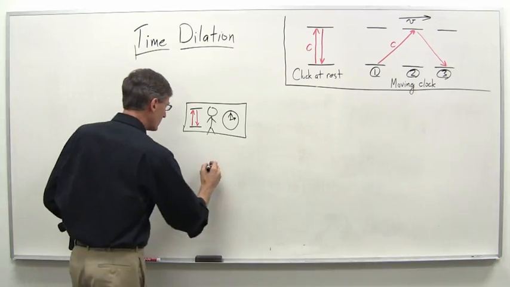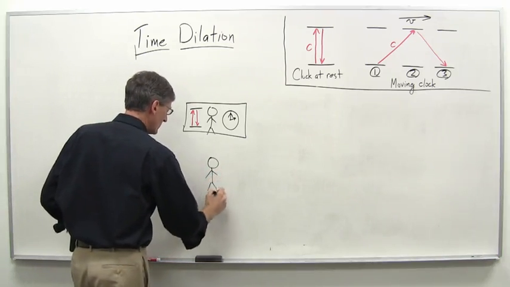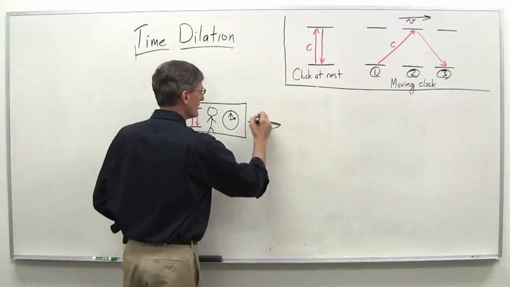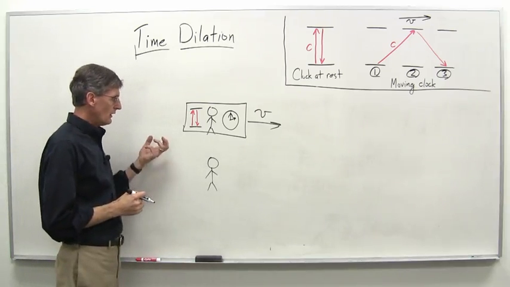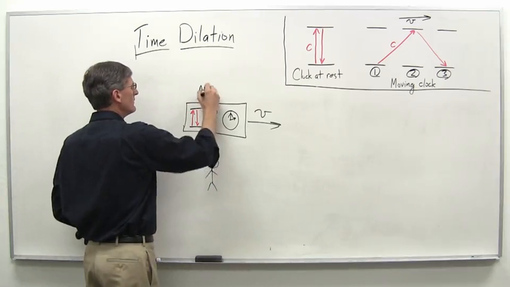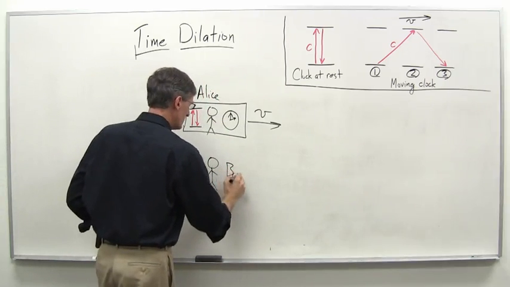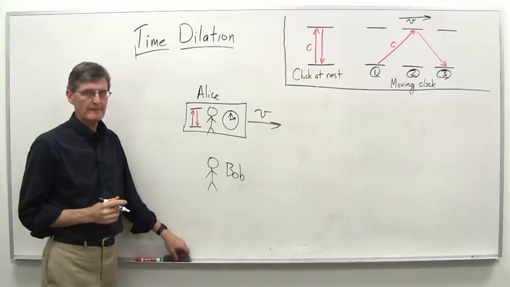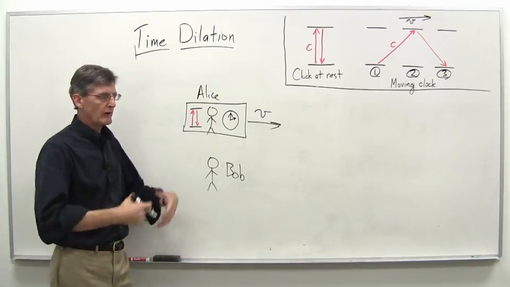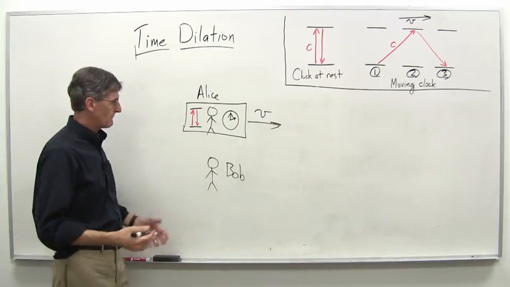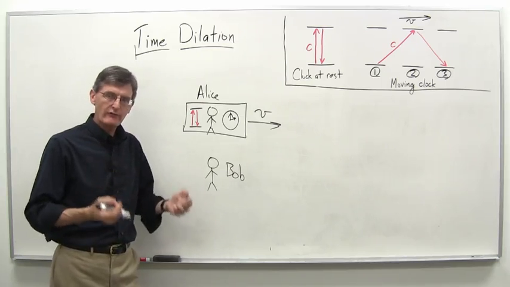And then we have Bob out here, of course, observing. And Alice is moving with some high velocity v. So we'll say this is Alice, Bob observing. Okay. So let's say Bob takes a series of photographs. Again, going back to our photo principle, things in photos have to agree.